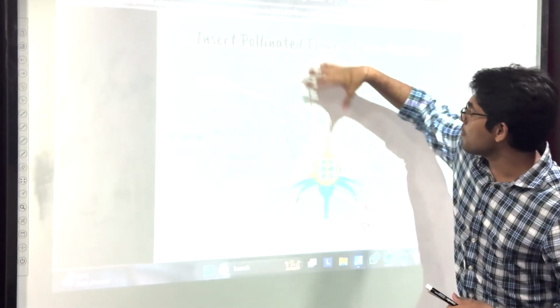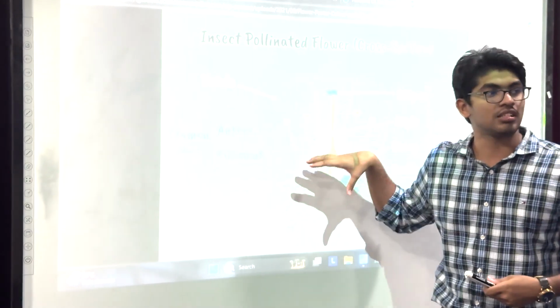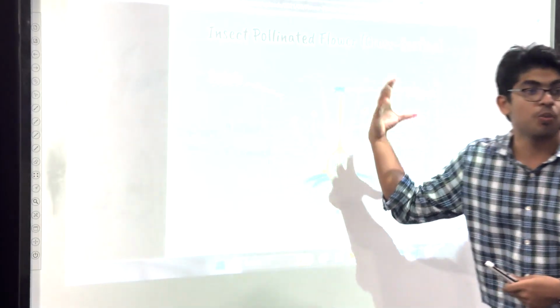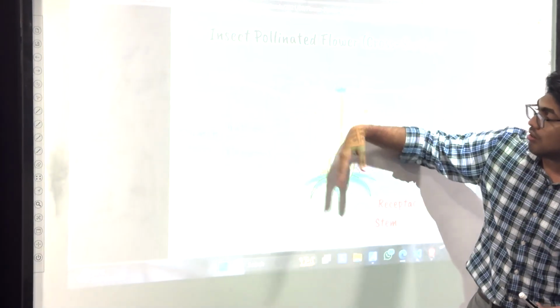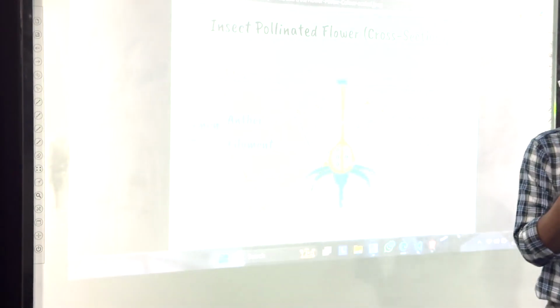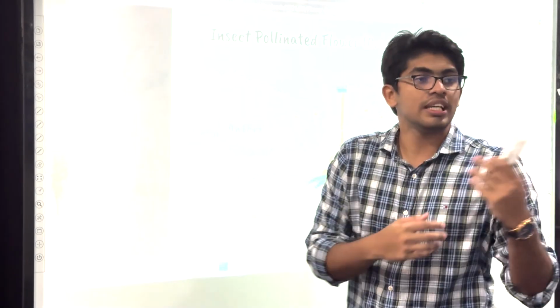So when they come and drink the nectar present in the nectaries, what happens? There's pollen in the androecium, in the anther. The pollen is sticky. It can stick to the insect. Let's consider a honeybee.